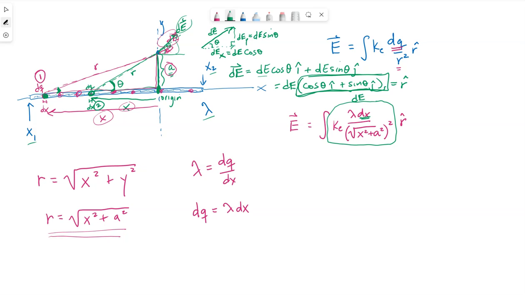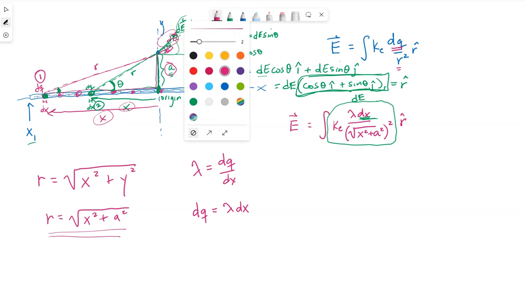Now, I can't plug it in yet into my equation because I need to somehow write this in terms of x's and constants, because I'm going to integrate with x as my variable. So I want to come back to the original picture. Let me choose a different color.